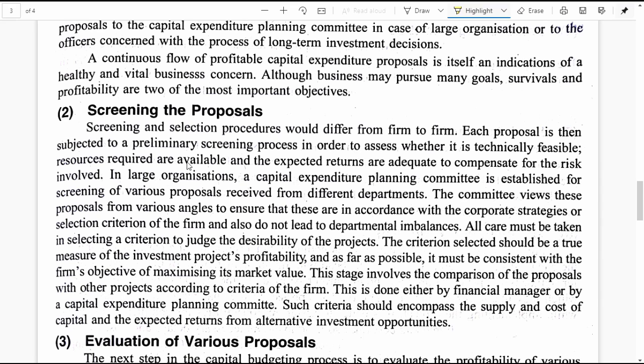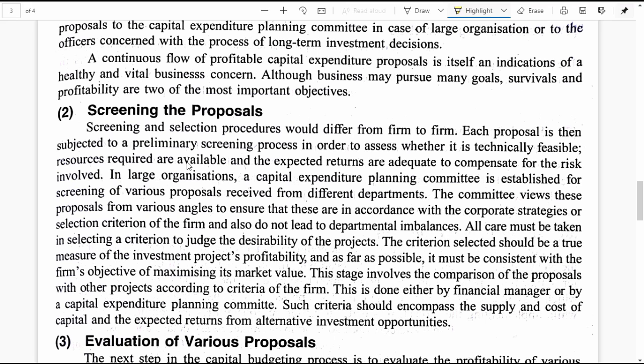Once the investment proposals are identified at various levels of the organization, definitely those proposals are to be assessed through the screening process, in which the committee in charge, the officials in charge, will assess whether a particular proposal from the list of proposals is technically feasible. Do we have the financial resources required to convert the ideas into an actual project?